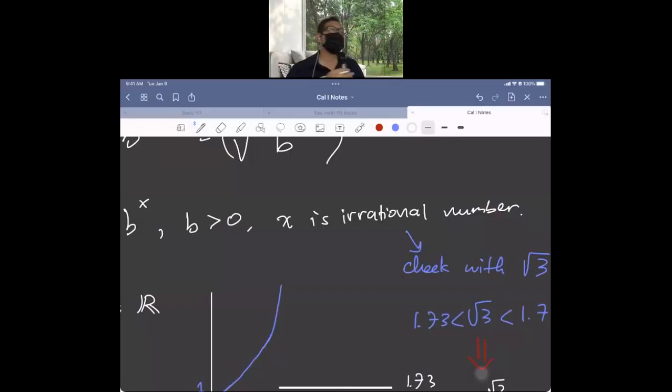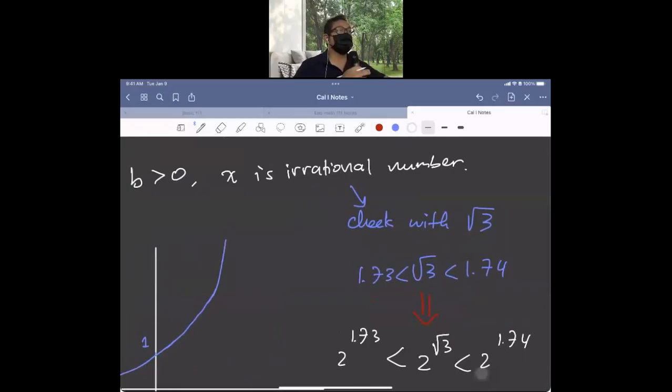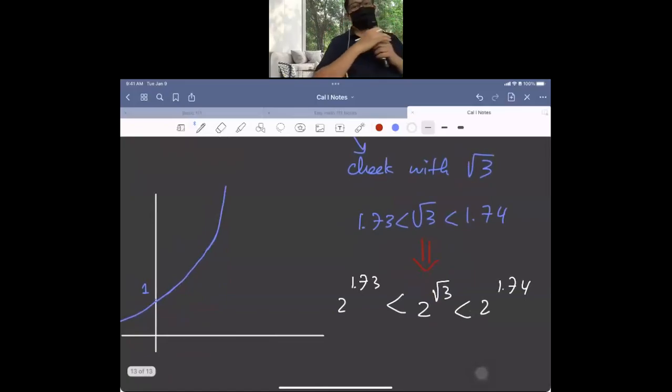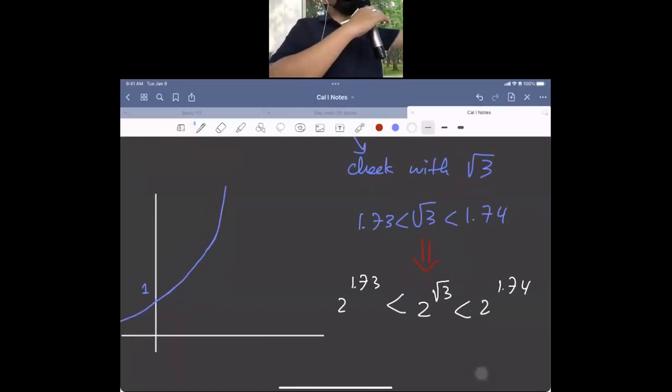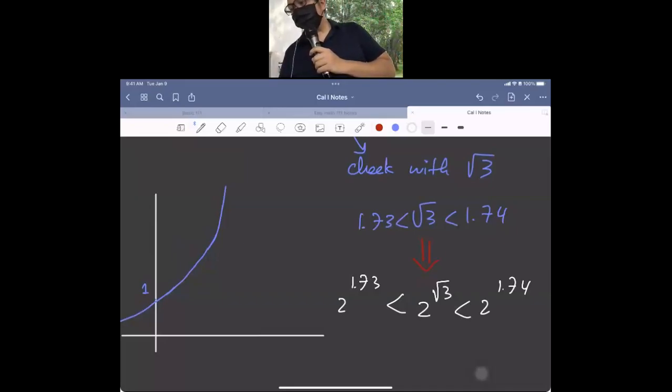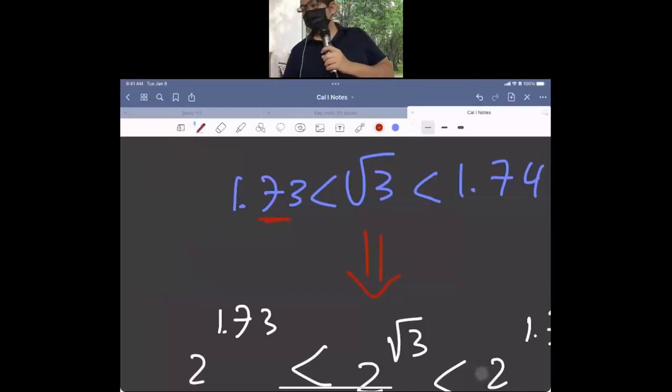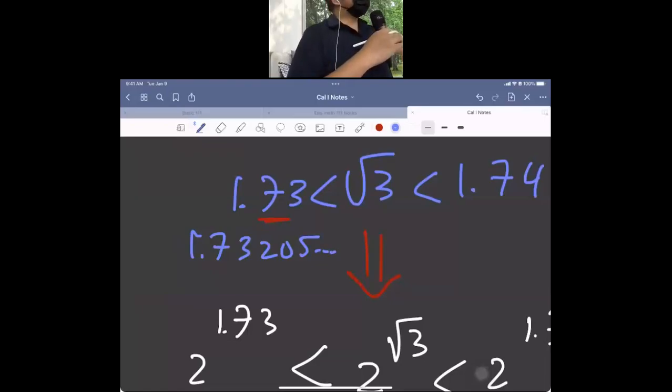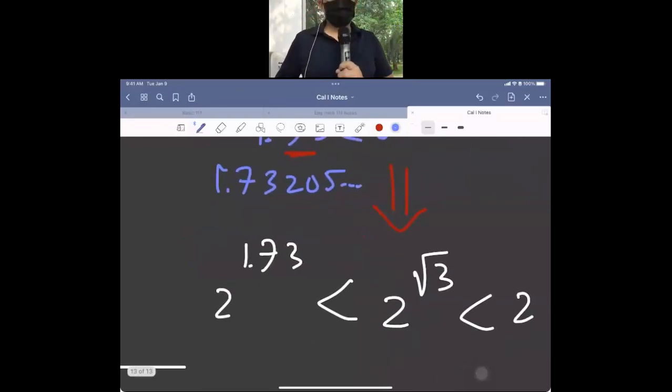Basically we need to check the numbers in between, that is, the rational numbers around the irrational one. Since an irrational number has long decimals, what I did was just use two decimals, so we can check with other numbers as well, like 1.732, or 1.7320 and so on. We check that the irrational number is in between the decimals and the function with base 2.